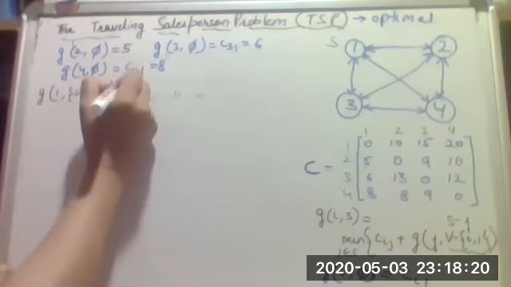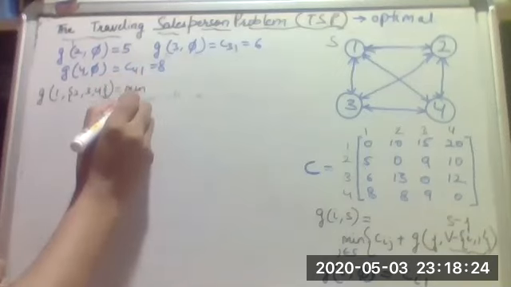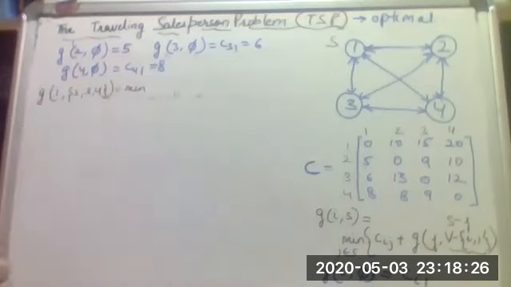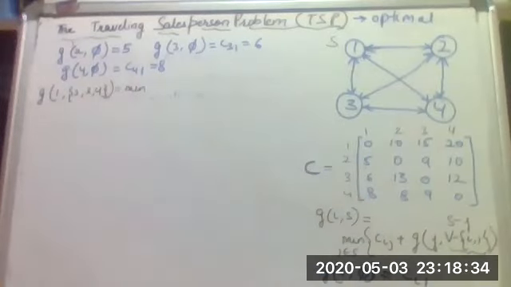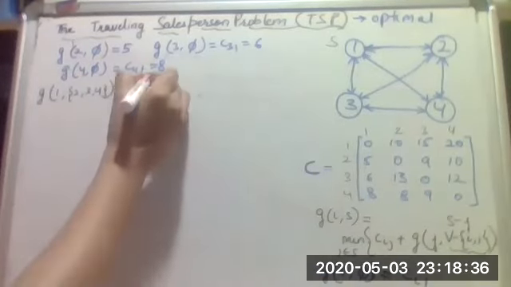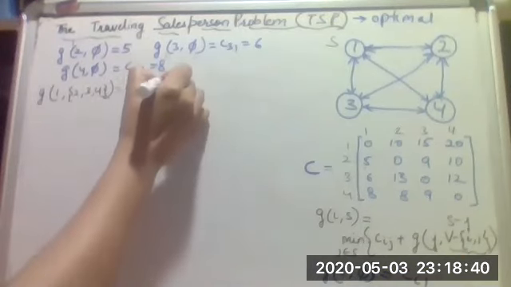So this is given as the minimum of, yes, so we are going to include all the three, minimum of Cij plus G of J, S minus J. So we are going to use this formula to calculate this, and this will be equal to C1, 2.